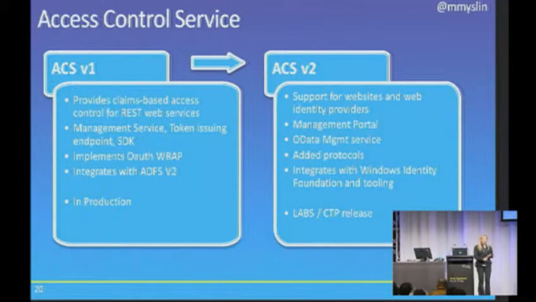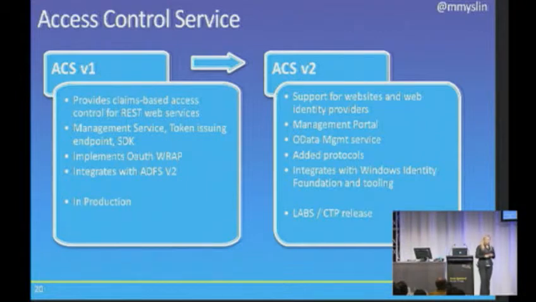If you have heard of access control service before, and you know what we have in our production environment today, I just wanted to quickly walk through what we had versus what the V2 of Service Bus, which is what we recently added, looks like.